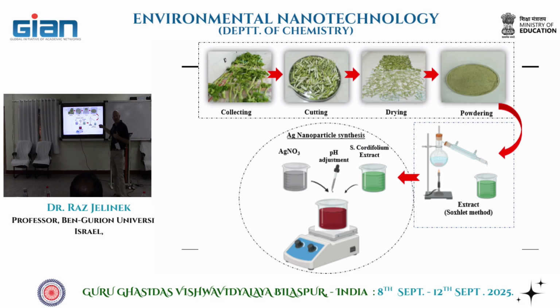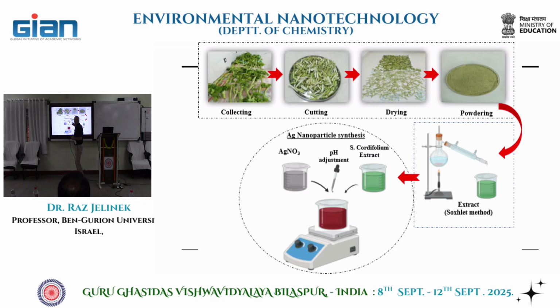And the red color actually tells us that in the solution we have not silver ions, but silver nanoparticles. This is something that you can do with silver nanoparticles. You can make colors for certain uses. For example, photography. In old-time photography, you had a film with silver ions, and then you add a material for processing.